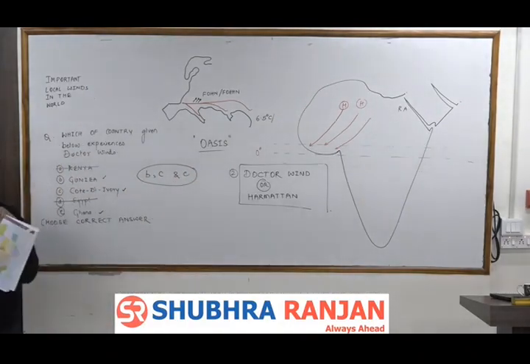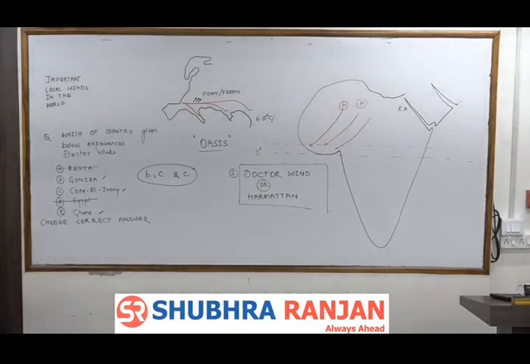So be prepared for such map-based questions. See, अब इसको कैसे याद रखोगे? So you come to this part of atlas and note down the important things. वैसे भी ये famous होना चाहिए.